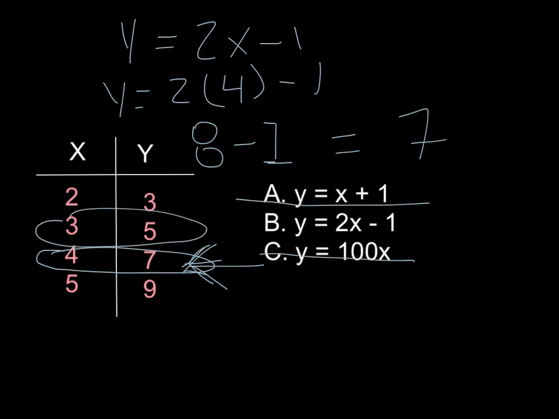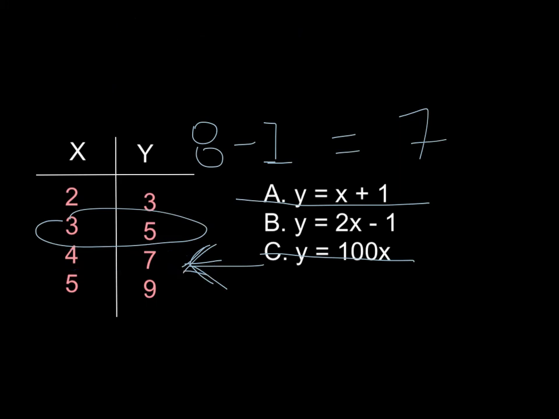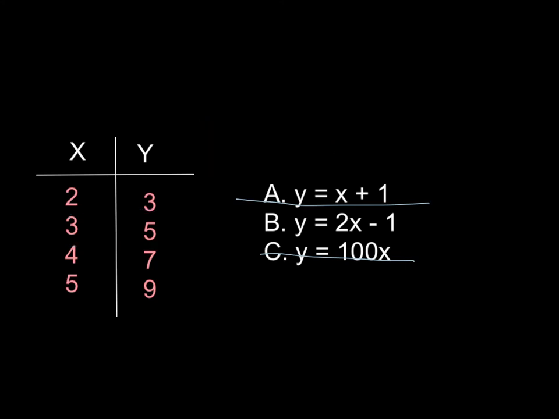Let me get rid of this for you real quick. And I do it one more time. Y equals 2x minus 1. And I'm going to use 3 as my x value this time.